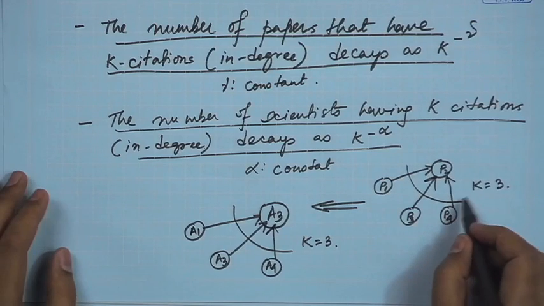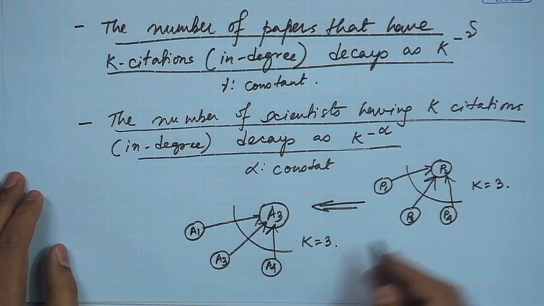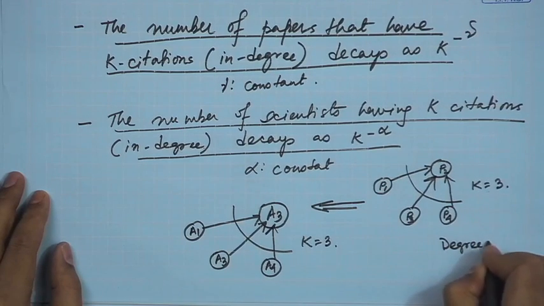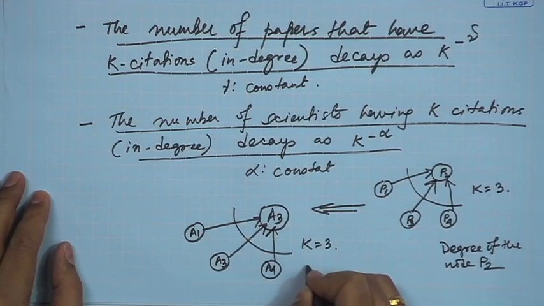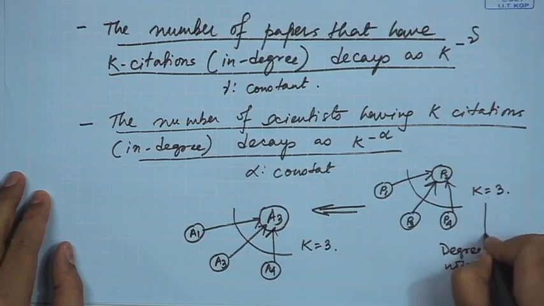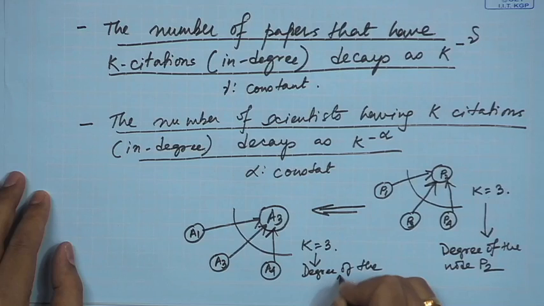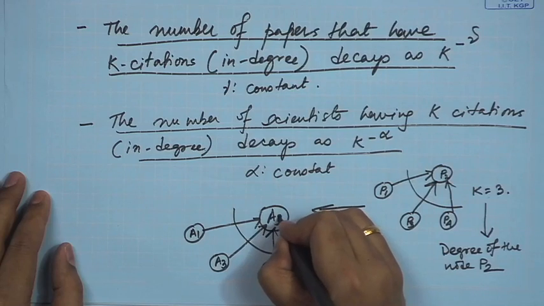As you see, here k is 3, here again k is 3. This is nothing but the degree of the node P2. Here this k is nothing but the degree of the node A2.